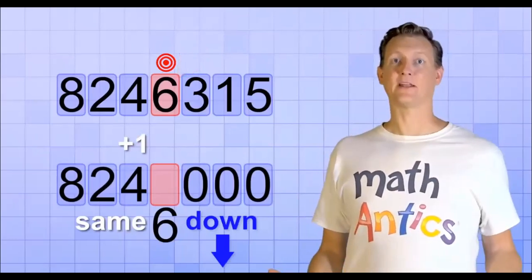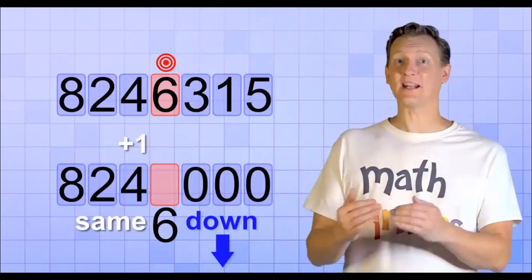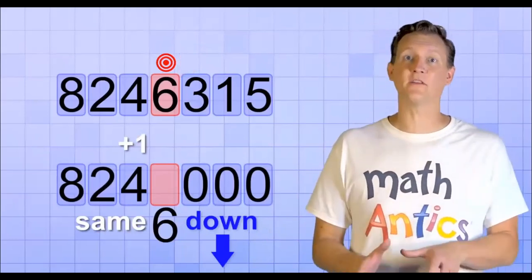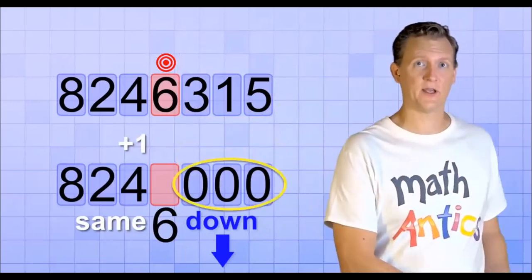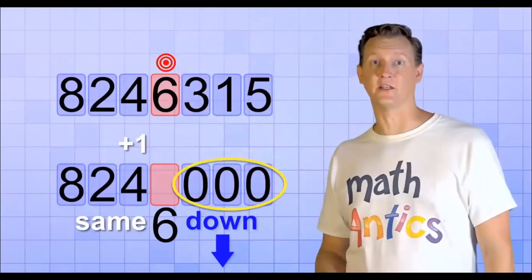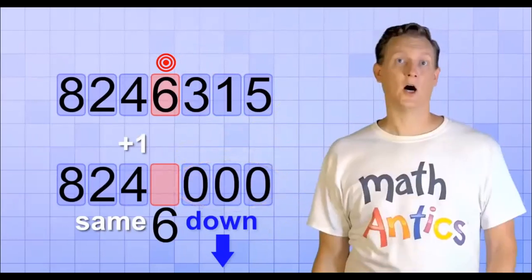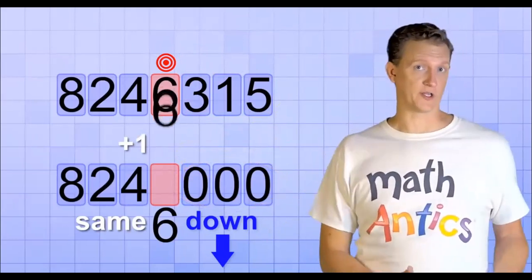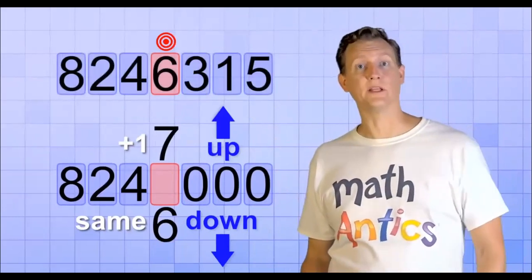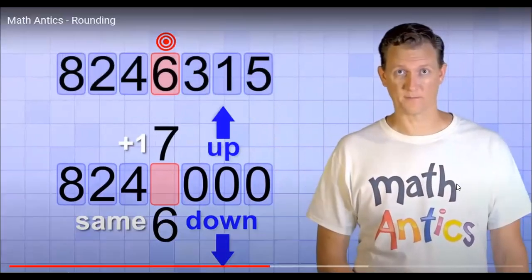I mean, how can leaving the digit the same be rounding down? But remember, we're going to automatically replace all of the smaller places with 0. And doing that makes a rounded number smaller, even if the target digit stays the same. On the other hand, increasing the target digit by 1 is called rounding up, since the new rounded number will be larger than the original number.